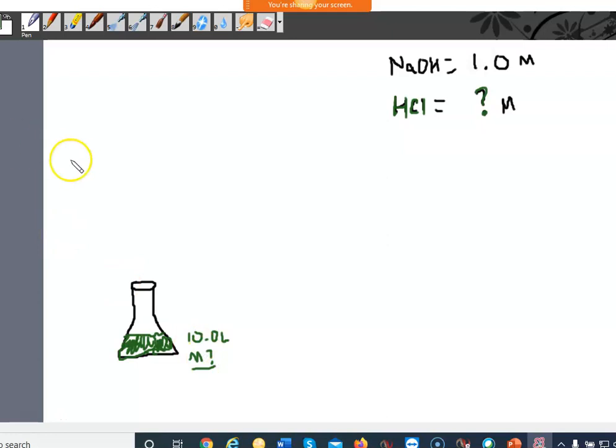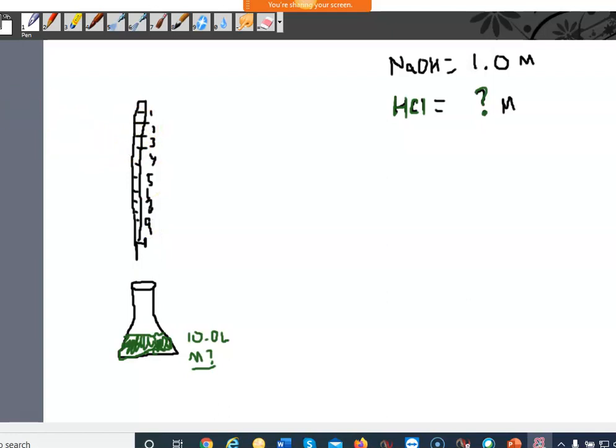Okay? And then in the burette, here's our burette. It starts, it's 1 mil here, 2 mils, 3 mils, 4 mils, 5, 6, 7, 8, 9, 10. I think it goes to 50 mils. All right, let's just do 5, 6, 7, 8, 9.